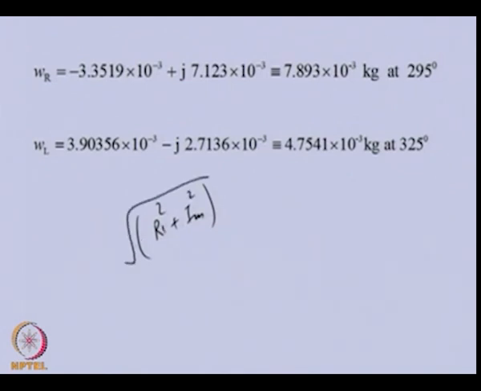This will be the magnitude, and the phase angle will come from the imaginary part divided by the real part. This will give us this angle. Similarly for WL. So this is the correction mass in the right plane, and this is the correction mass in the left plane. Now you can see we could obtain the correction masses in two planes using the influence coefficient method.